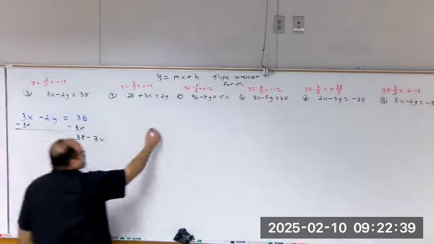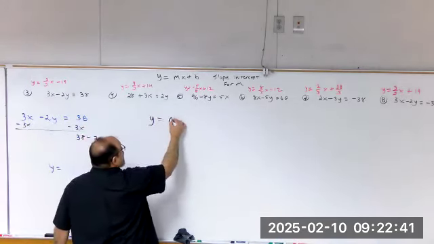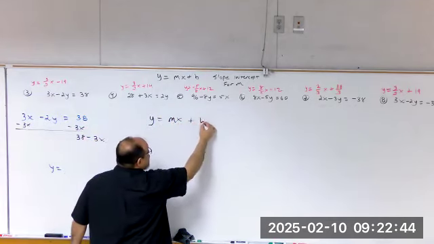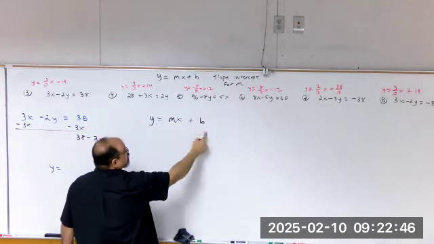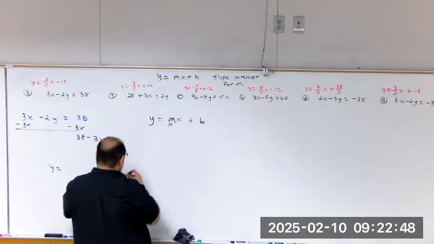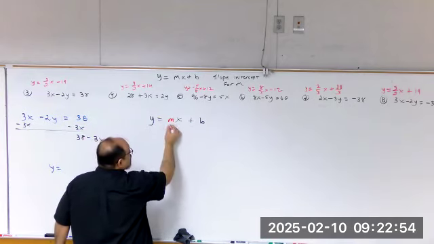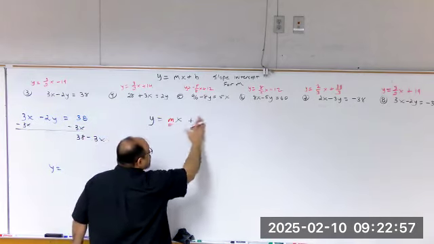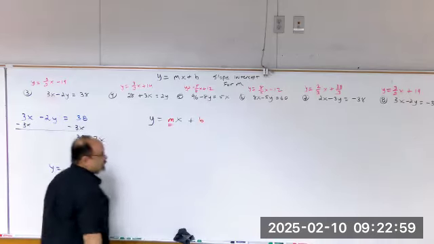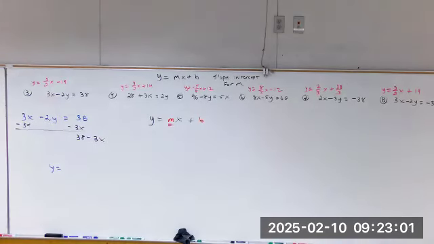We want this: y equals the x term and then the constant last in order, because we have a job to do. We got to figure out what m is. We're on a search for m and b. So we want the x and then the constant.